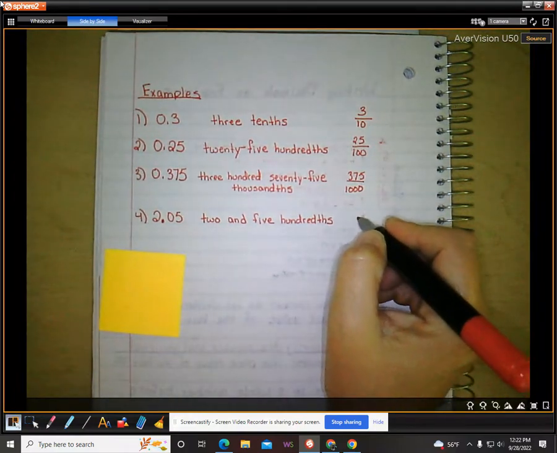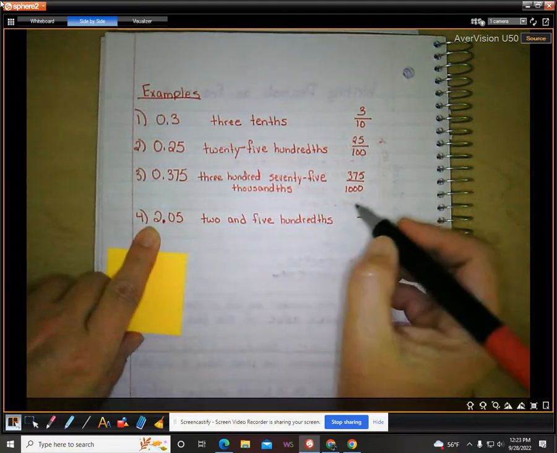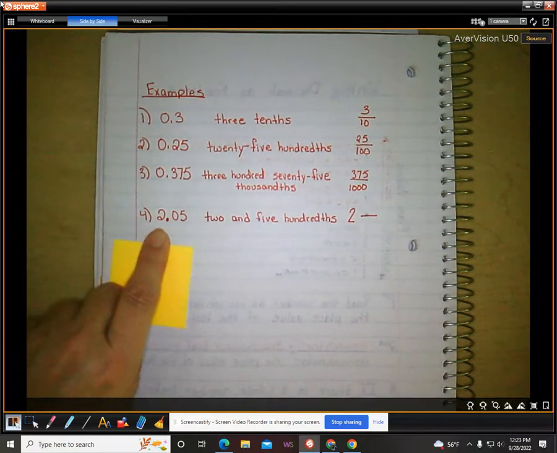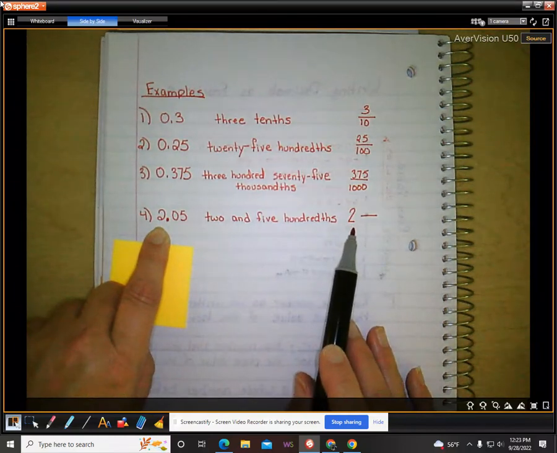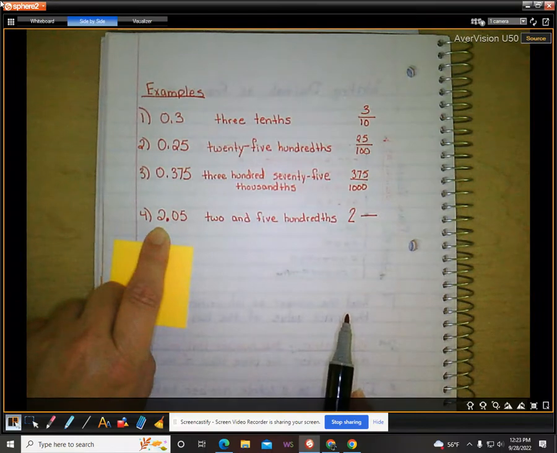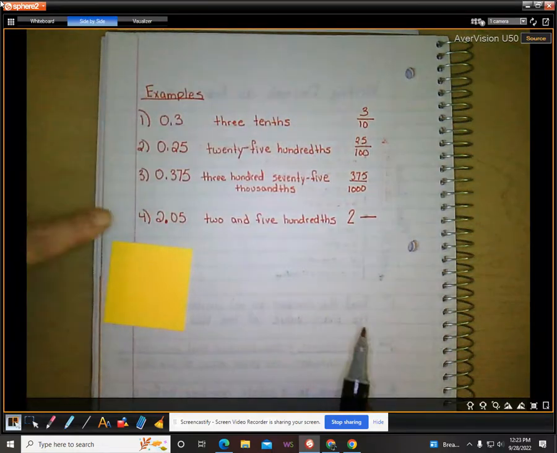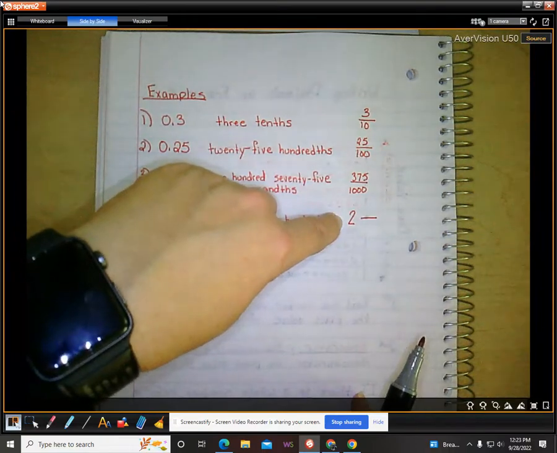A mixed number has a whole number and a fraction. So this 2 becomes the whole number of your fraction. Anytime there is a number before the decimal point, that becomes a mixed number now, where you have a whole number and a fraction. Okay, you can see there's a difference. These 3 had zeros, so there was nothing before them. This one has a 2, so you have to have a 2 before the fraction. All right.